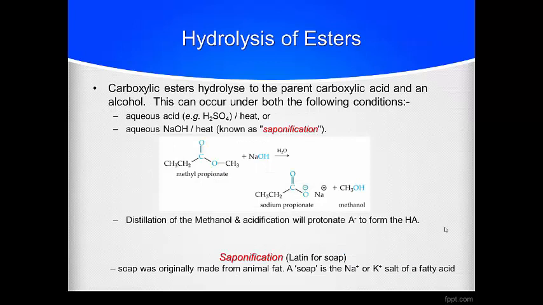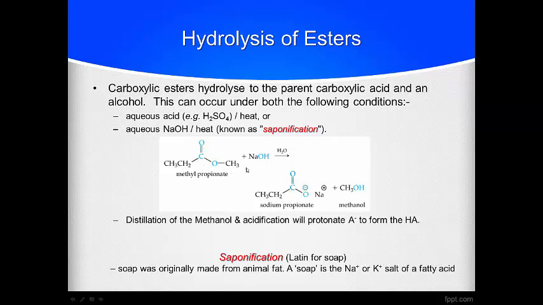Okay, so carboxylic esters hydrolyze to the parent carboxylic acid and an alcohol. They can occur two ways. You can have it in acid with heat, or you can have it in base with heat. When you have it in base, it's called saponification. This example here is in base. So we've got our carbonyl and our OR group.